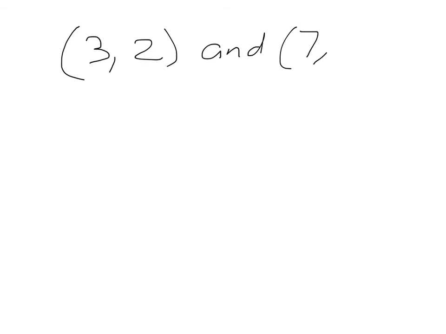Now, if I was going to use this in a problem, if I gave you 2 ordered pairs, let's say the points 3, 2 and 7, 9, and I said find the slope.